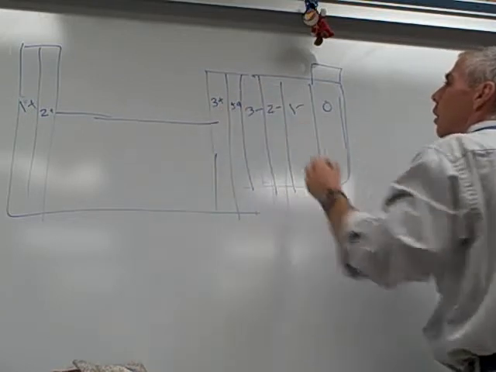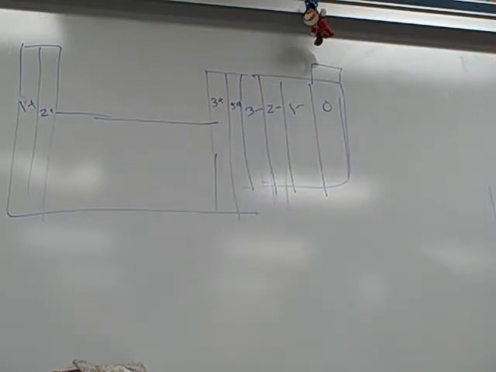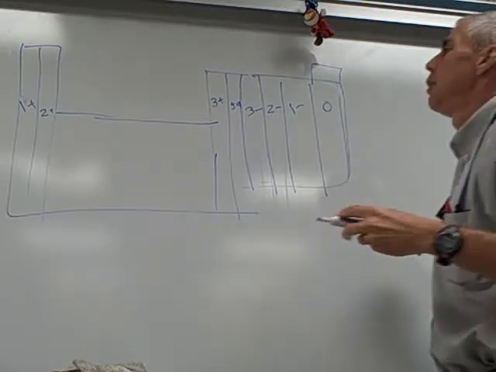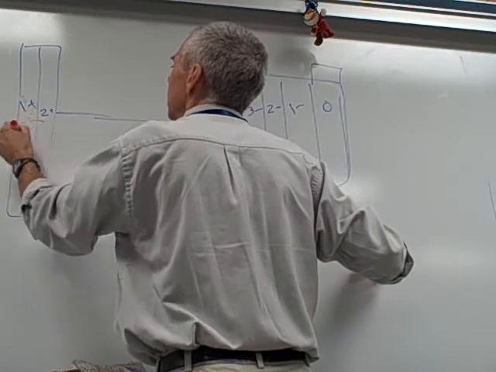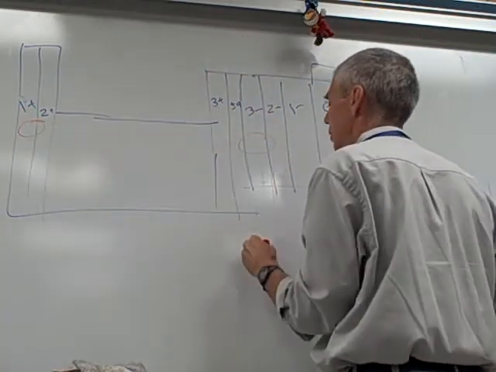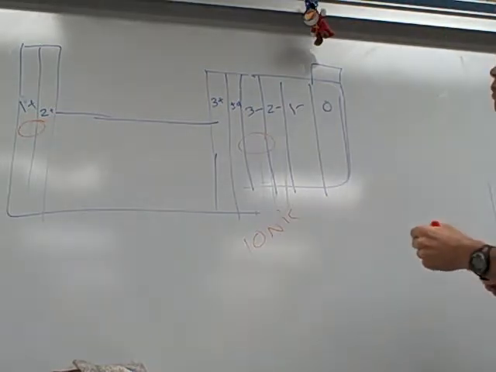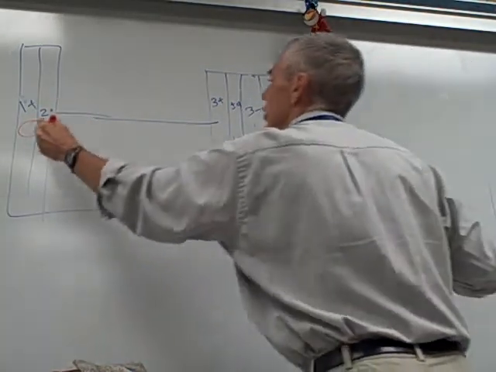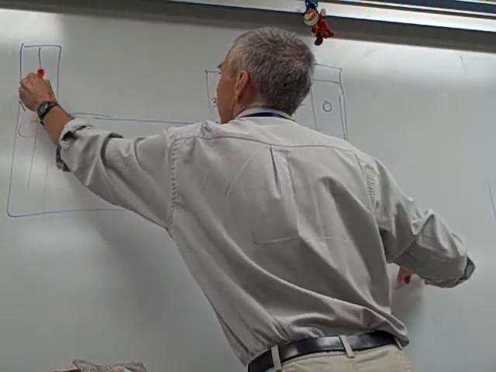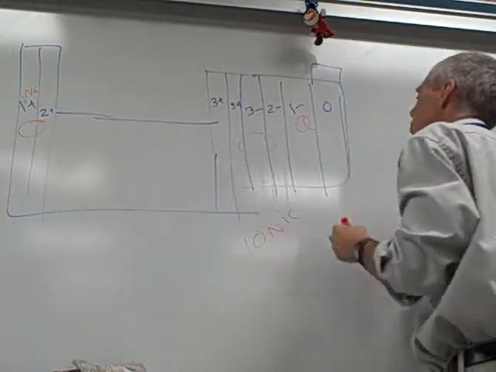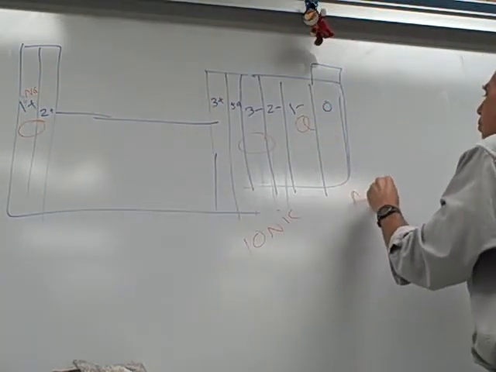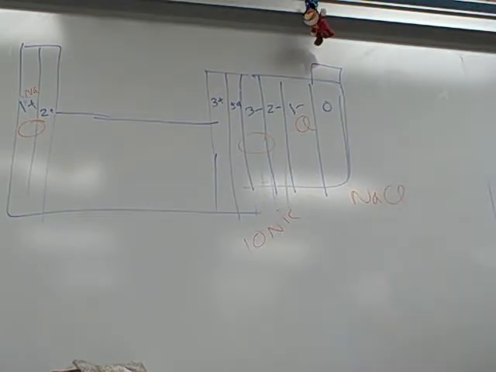Now the naming systems. 3 basic naming systems. The first one is when you have something over here with something over here. Simple ionic naming. For instance, if sodium, which is about there, combines with chlorine, which is about there, the only possible name is sodium chloride.